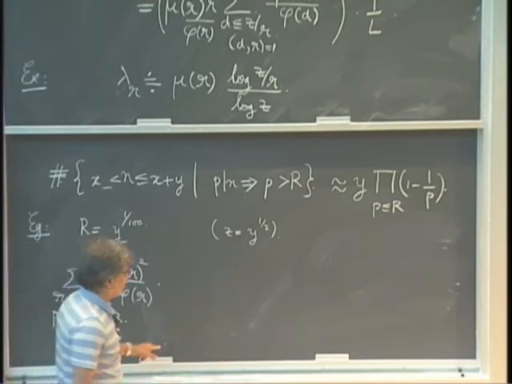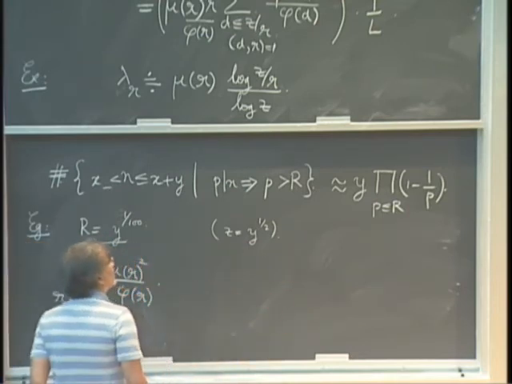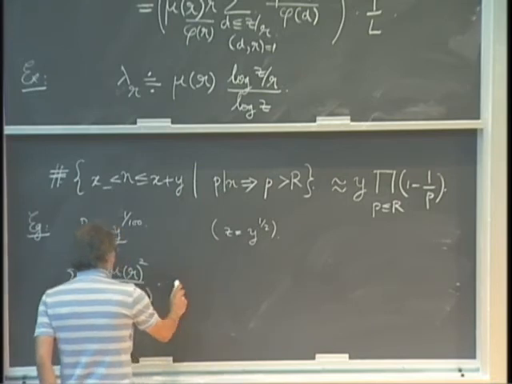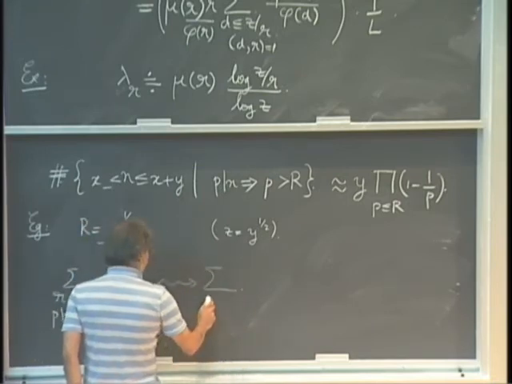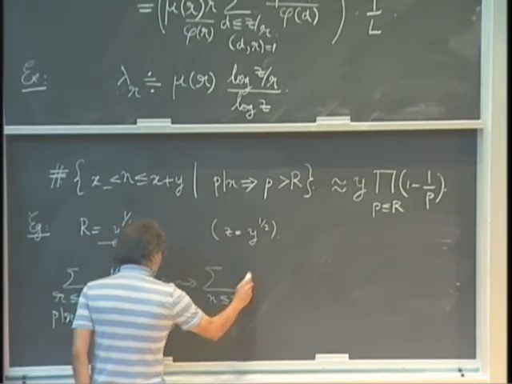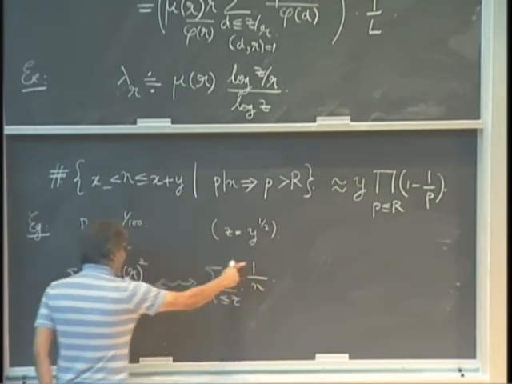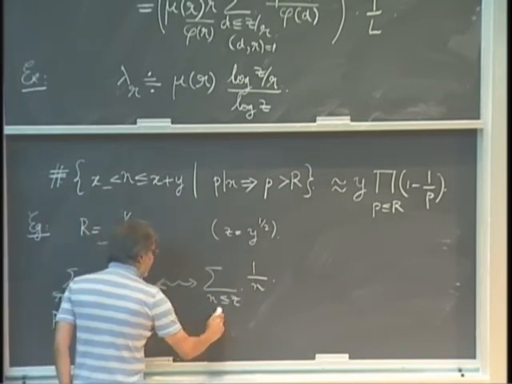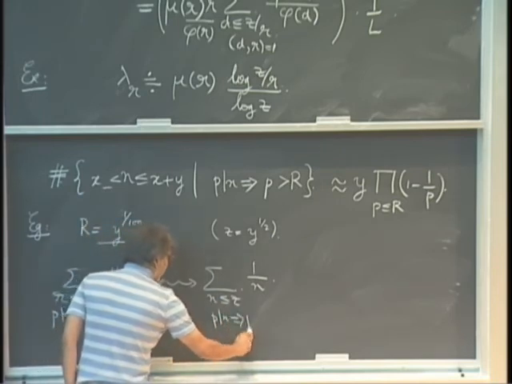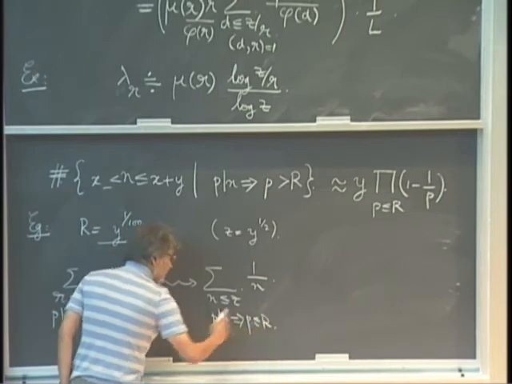So if you believe this thing that I said, this is like trying to think about the sum over n up to z of 1 over n, forgetting the square free condition and forgetting this phi of r, but only summing over those n, all of whose prime factors are less than r.